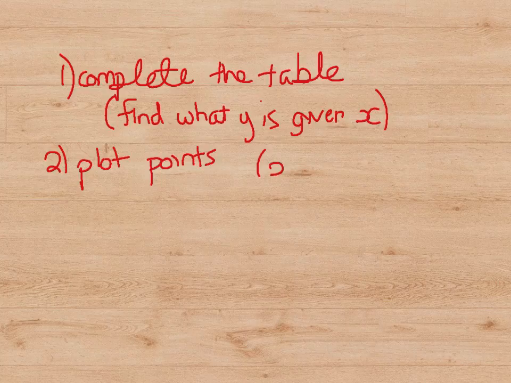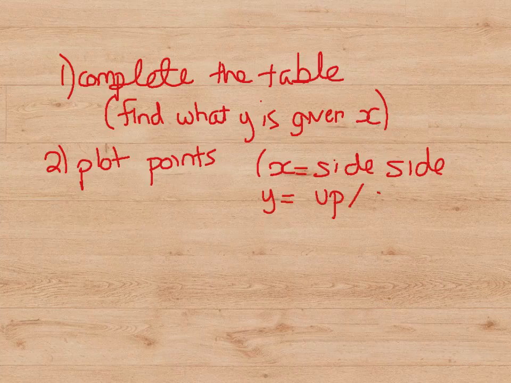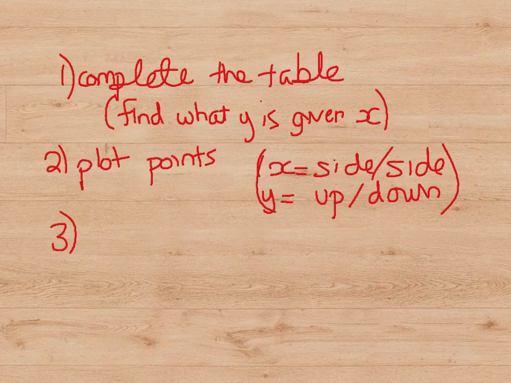Remember, x goes from side to side, y is up and down. Okay, and x is always first, y is always second. And then 3, draw a line through the points.